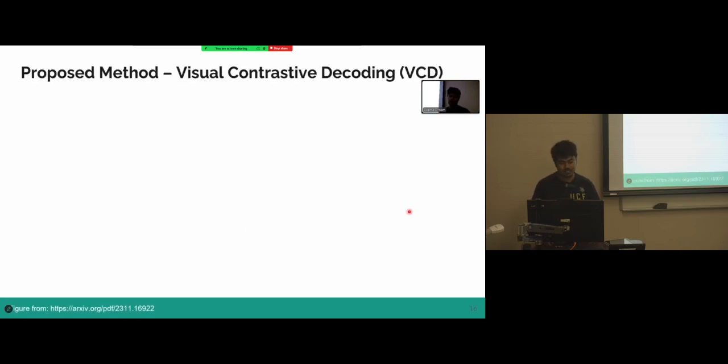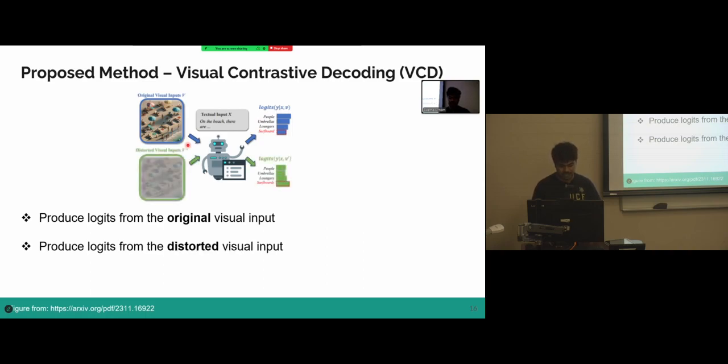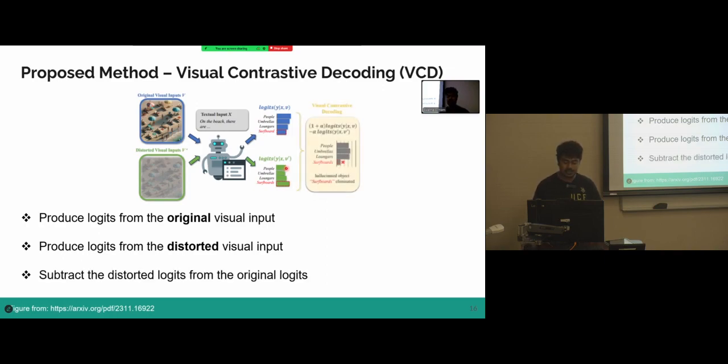The way VCD works is, first we take the image and get the logits. Then we create a distorted version of the image, and we also get the distorted logits. Finally, we subtract the distorted logits from the original logits. We'll go through the equation later, but the way VCD works is simply that we subtract these two logits.